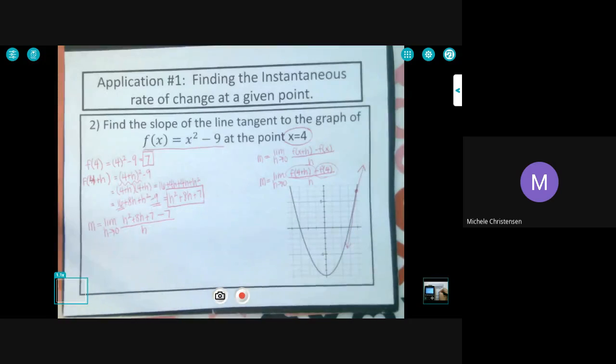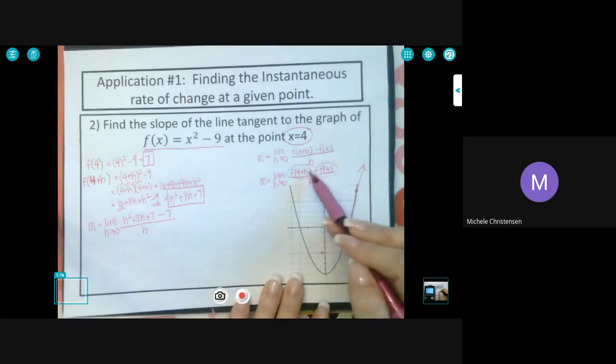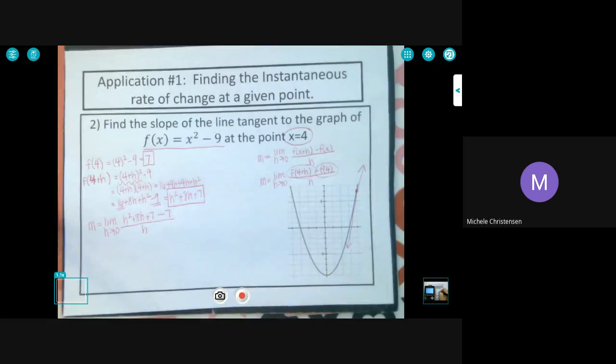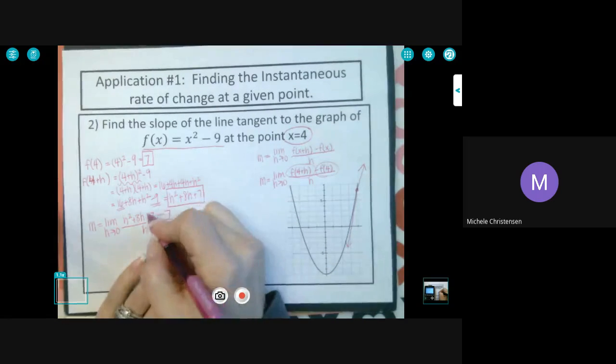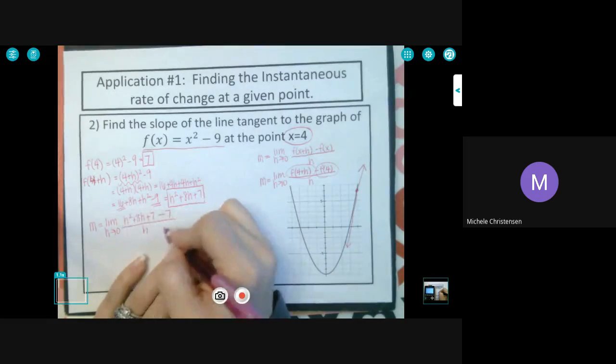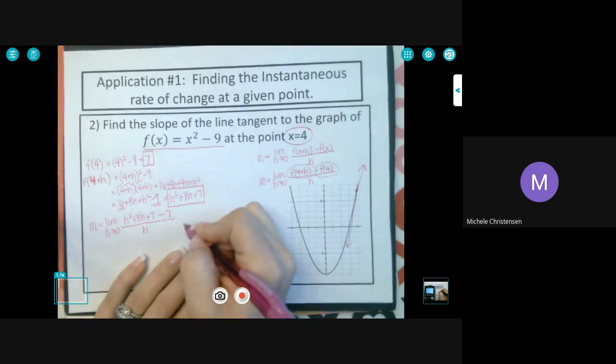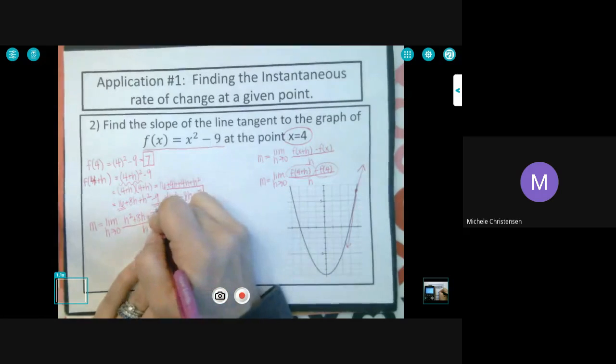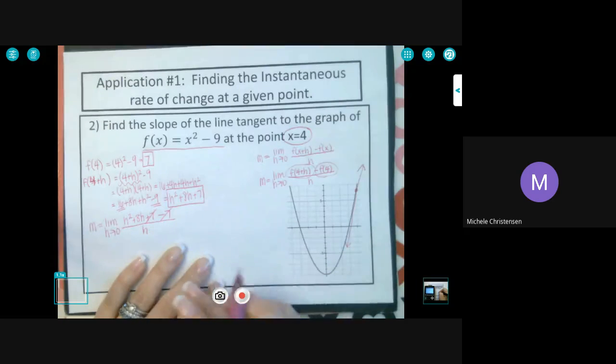So we're just replacing these two function notations with their value. And then we're going to simplify the fraction, this rational expression, before we evaluate the limit. Okay, so plus 7 and minus 7, I'm just going to combine those like terms.